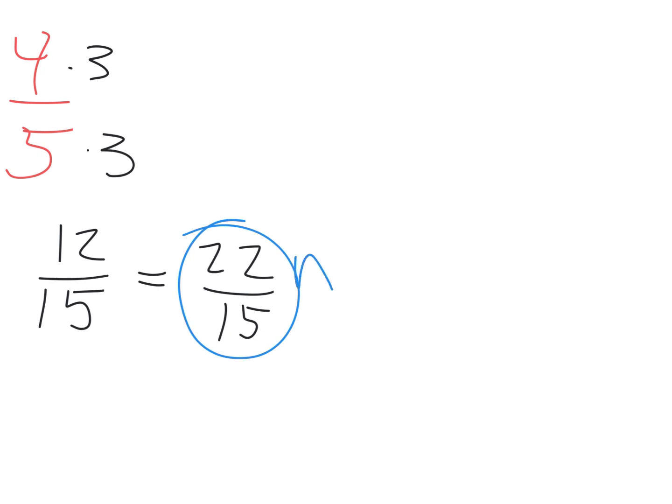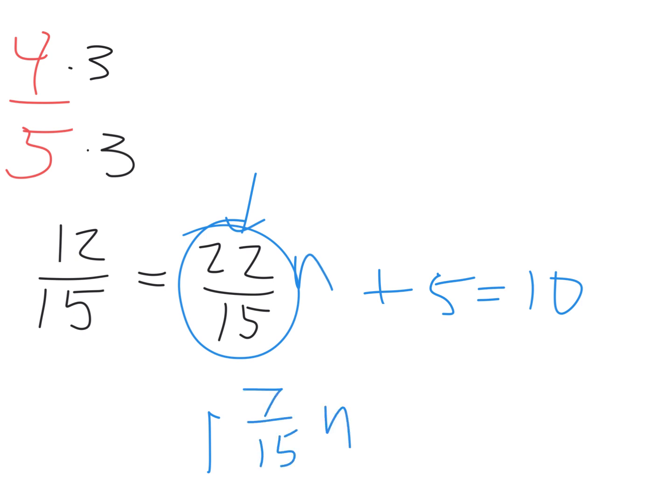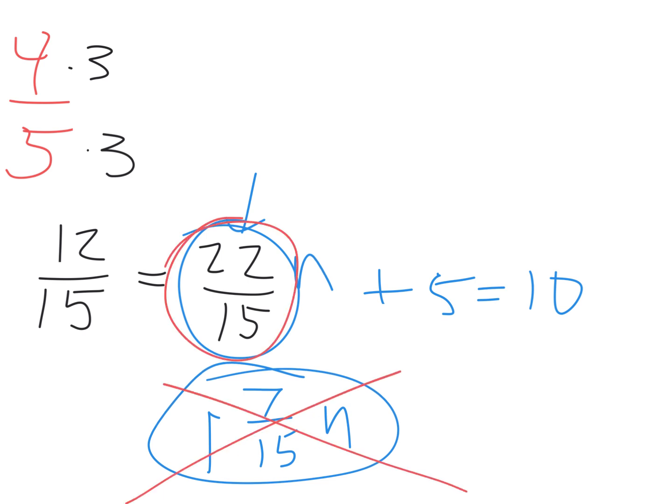If I put a variable on it, then it's fine. You can have a problem like this in any math test. You can just slap the variable right on this number. But if you had a mixed number like 1 and 7/15, that is an illegal thing to write. So we don't even like you to do that. Don't do that. Leave it like this.